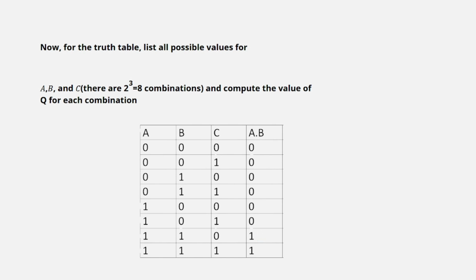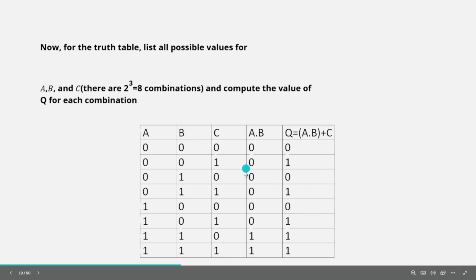After that, we are going to see the next step, which will be Q is equal to (A dot B) plus C. So here we are combining the two processes, A dot B and then plus C. Here you can see the value of A dot B and here is a separate value of C. So we are going to use the addition process: 0 plus 0 will be a 0, 1 plus 0 will be a 1, and 0 plus 0 will be a 0.